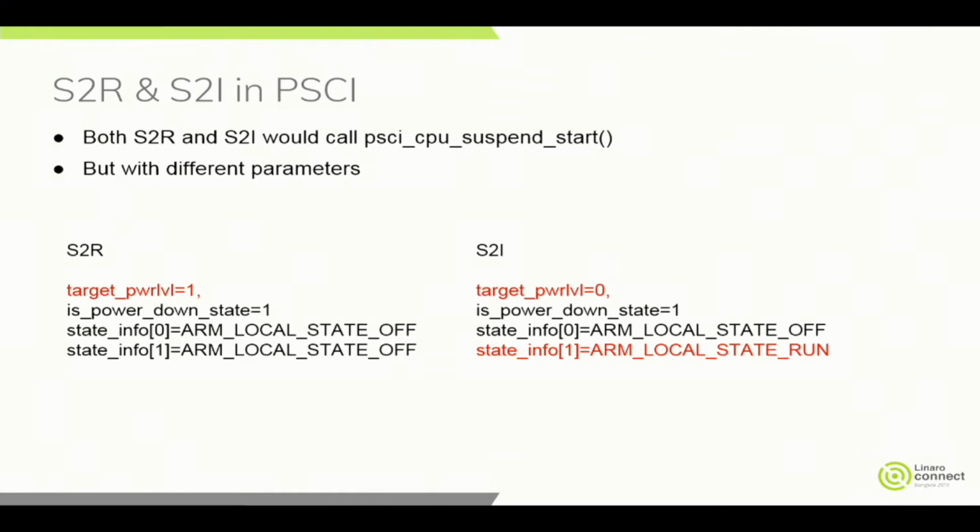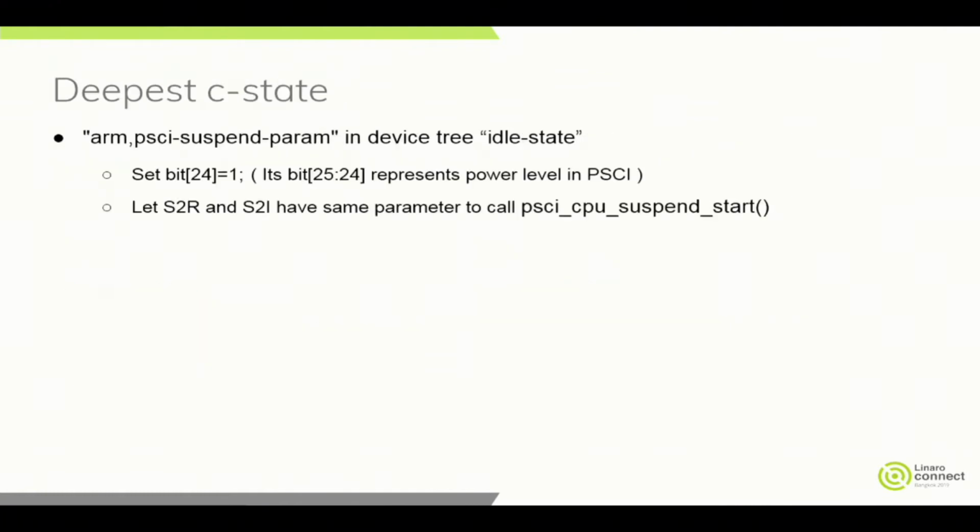Let's see how to make them have the same parameters. I found there's a property in the idle state which can be configured directly. We can just cite this parameter to let suspend to run and suspend to idle have the same parameter when calling this function.